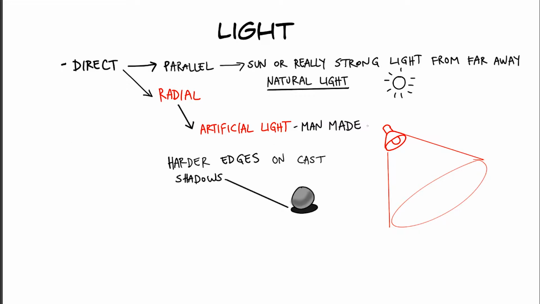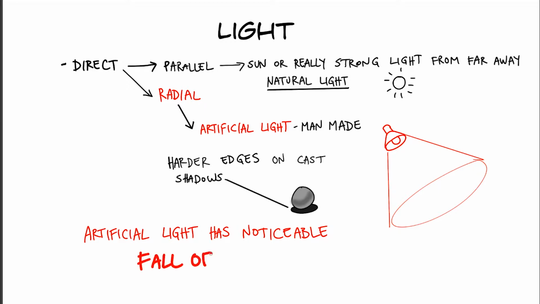Artificial light has noticeable fall off. You're a lot more likely to see soft edges with artificial light because the strength is nowhere as strong as the sunlight would be.